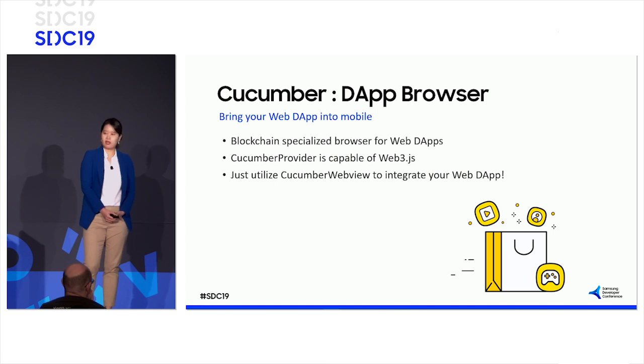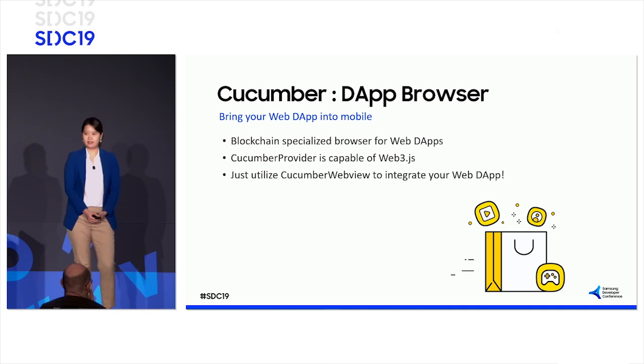So Cucumber covers 2 main APIs, sign and send transactions, that are needed to sign the transaction with a hardware wallet.